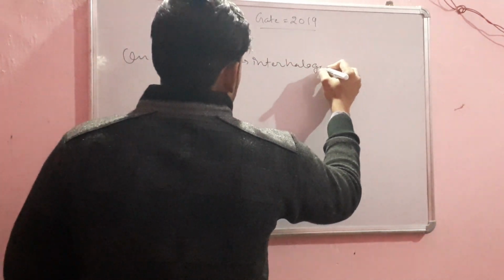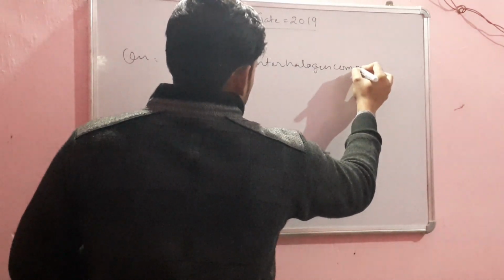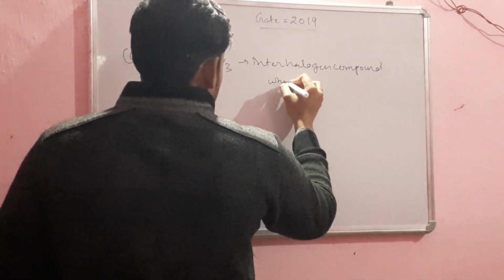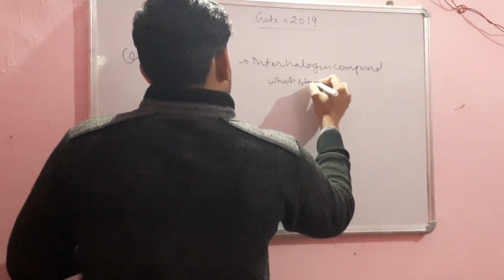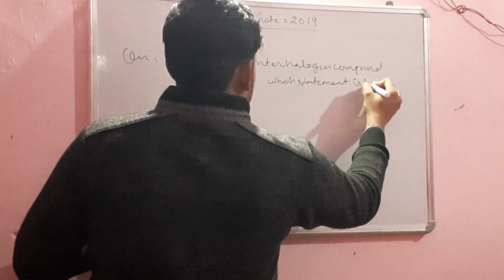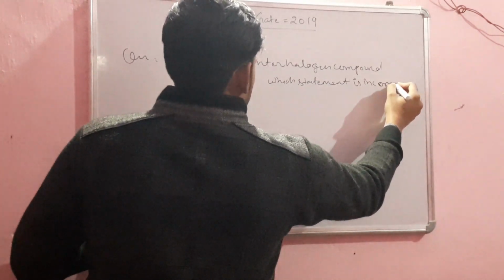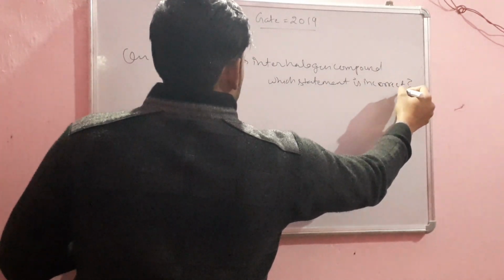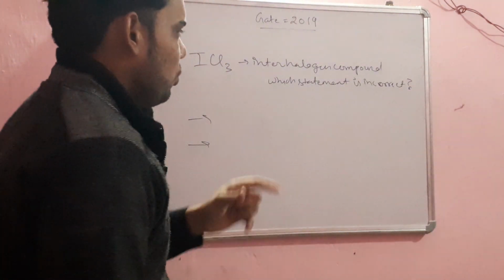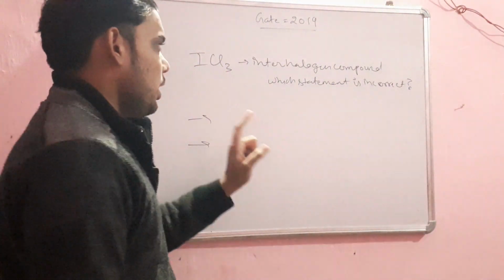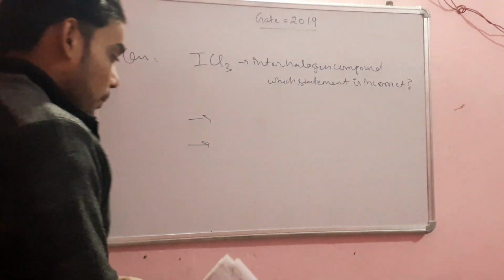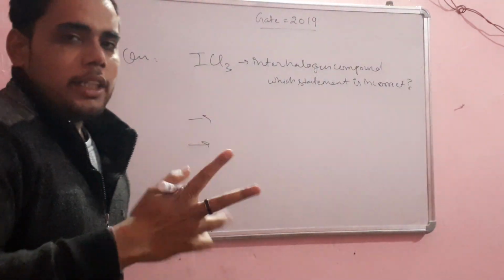The question is which statement is incorrect about it. We have been given four statements and we have to select the statement which is incorrect for the interhalogen compound ICl3. There were two contradictory statements.